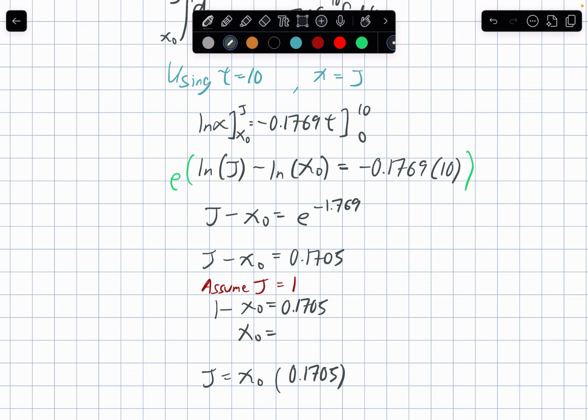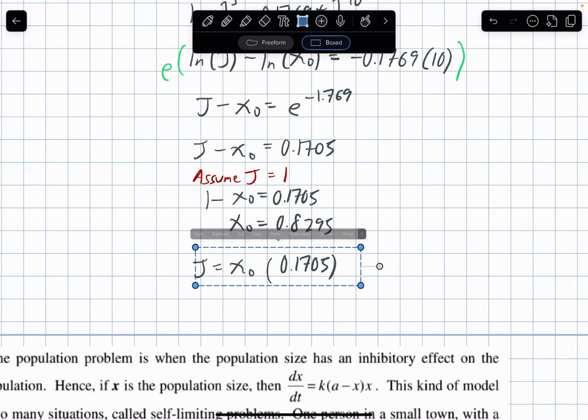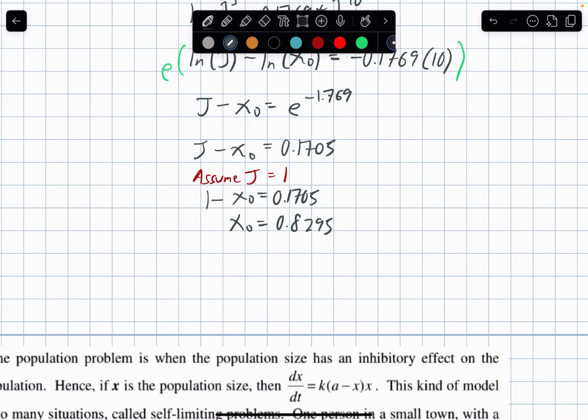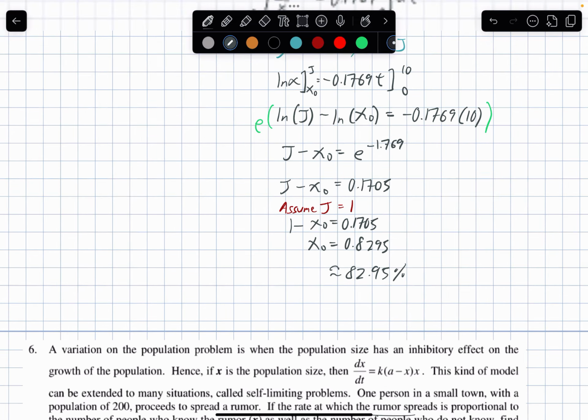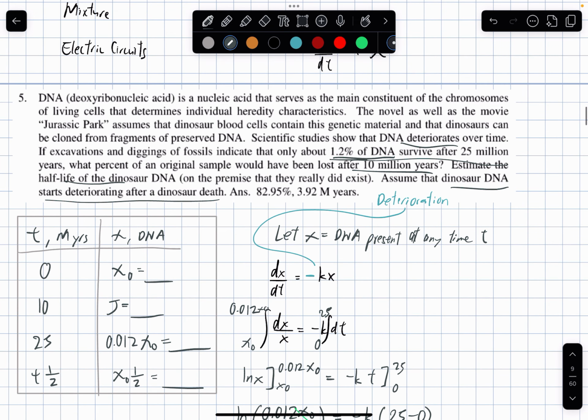X sub o, therefore, is equal to 1 minus 0.1705, which is 0.8295. This is 82.95%. There, you got the answer.